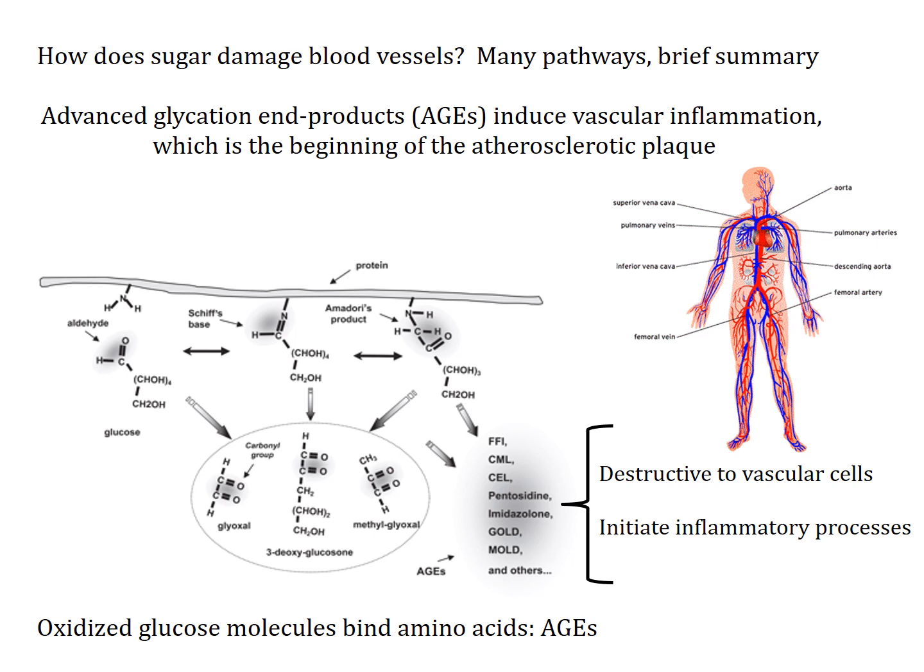FFI, CML, CEL. You can see a number of these different AGEs have been identified, and these AGEs are destructive to vascular cells. They act as inflammatory mediators, and they can start initiating and perpetuating the process of vascular inflammation, which plays an important role in atherosclerosis.